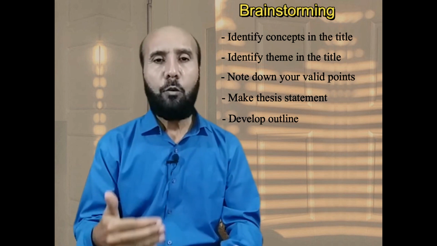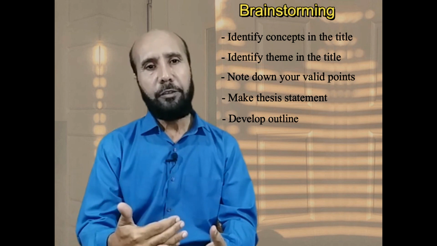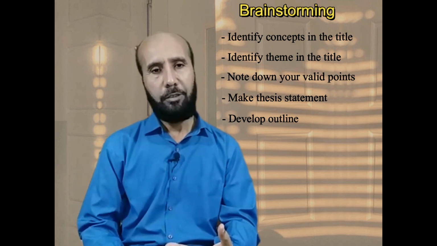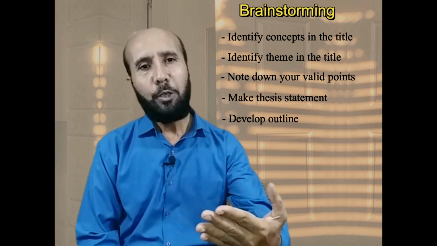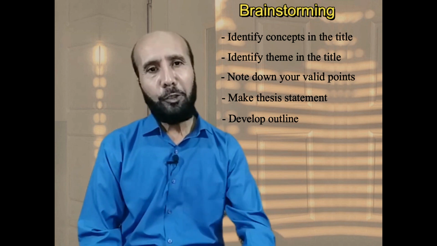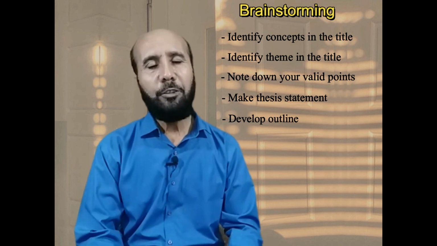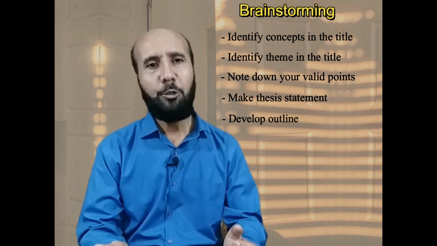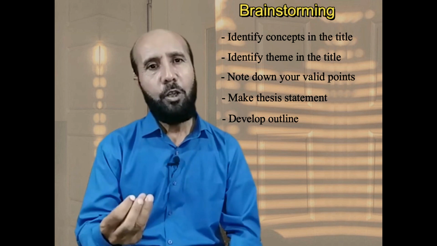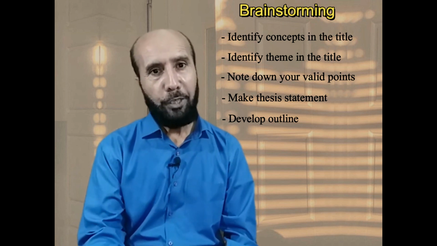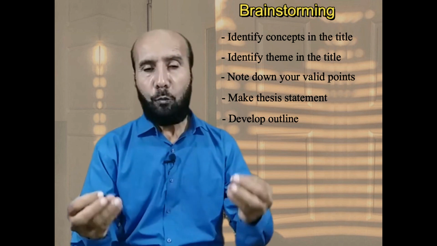Simply, outline means what point you will write first and second and third and last. How will your logic be expressed in these points? The basic principle is the use of logic, the use of reasoning. So, logical reasoning helps you in developing an outline. One point is connected with another, and we will also talk about it in the body of the essay.